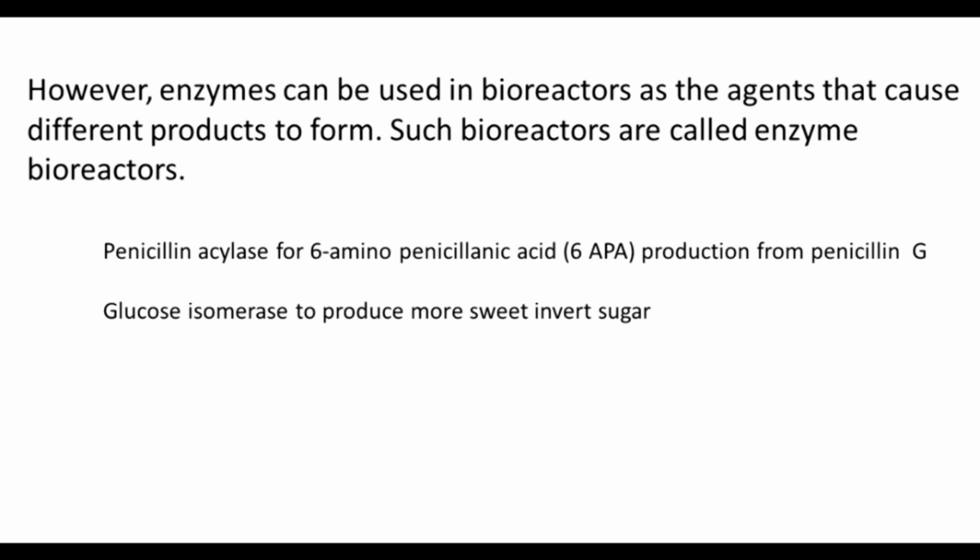Examples here: penicillin acylase for 6-aminopenicillanic acid or 6-APA production from penicillin G. Penicillin G is converted to 6-APA through penicillin acylase. 6-APA is widely used, and glucose isomerase is used to produce sweet invert sugar. This is also used heavily in the food industry, beverage industry.